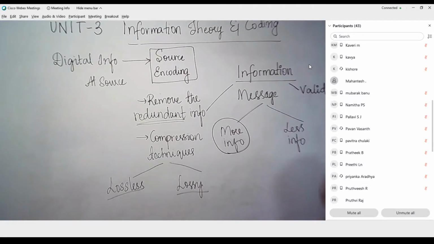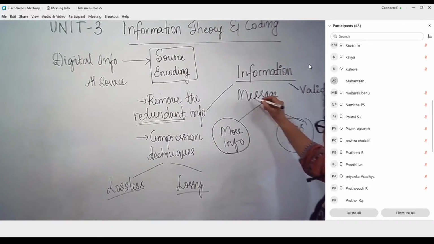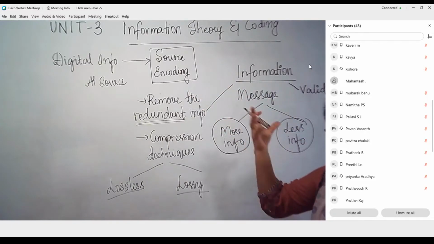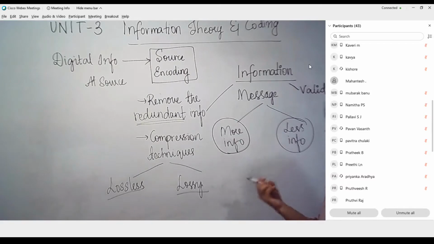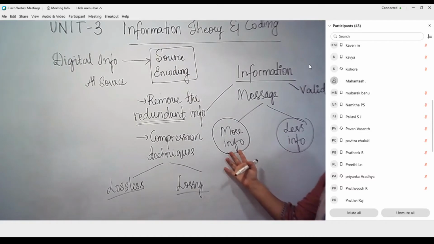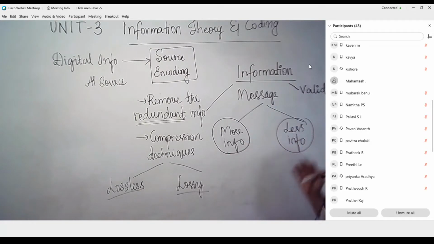So the digital source which is giving out the messages can be classified into messages consisting of more information and messages consisting of less information.